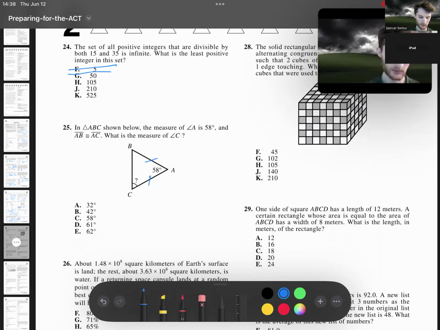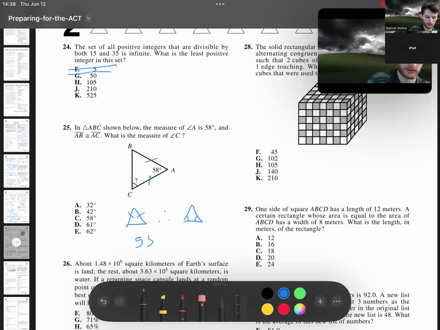What is the measure of angle C? I remember this in geometry. If these sides are equal, therefore these angles are equal. I forgot the name, but that means the total angle measure of a triangle is 180.